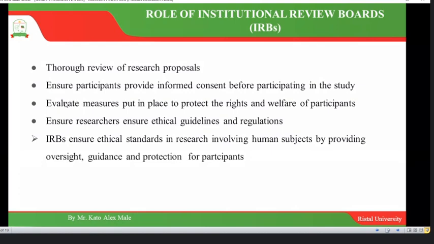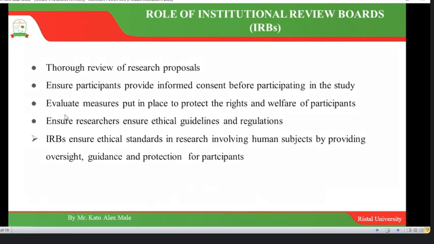Ensure participants provide informed consent. That is also another role of these IRBs. They ensure participants consent before participating in the study. The third role is they evaluate measures put in place. What are you having in place to ensure that you protect the rights and welfare of your participants? You get it? That is done by these institutional review boards.